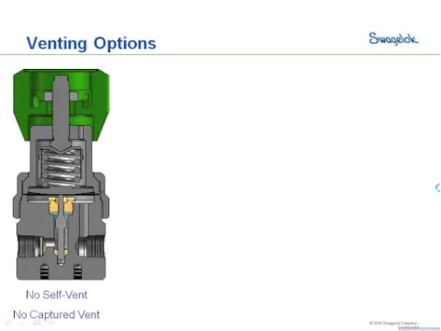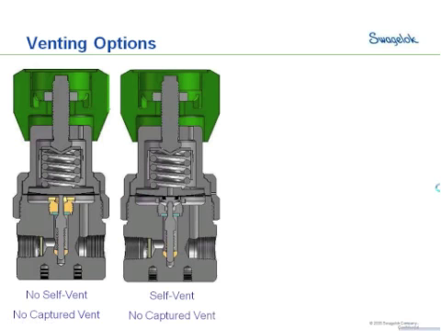It has that static pressure between the regulator and the equipment or device, and if it's not flowing, you will not be able to drop the pressure. Next, we have a self-venting regulator with no captured vent. This is the self-venting regulator that you can increase or decrease the pressure at the regulator in a non-flowing condition.